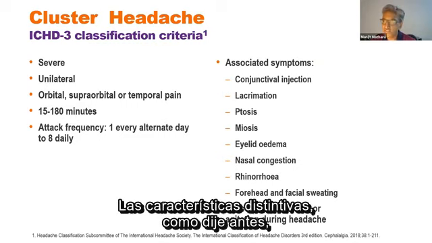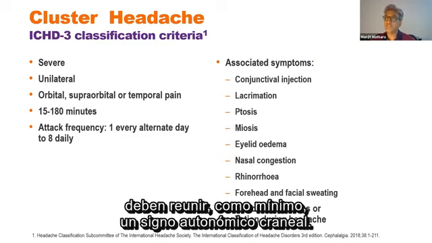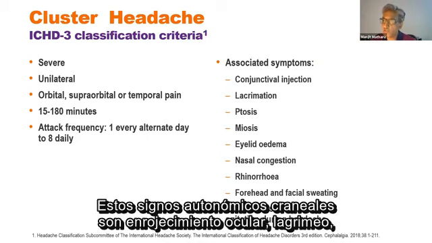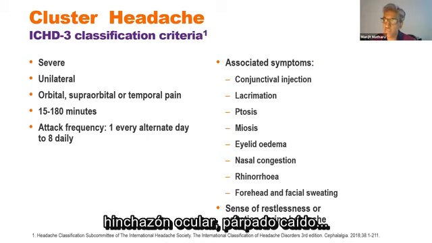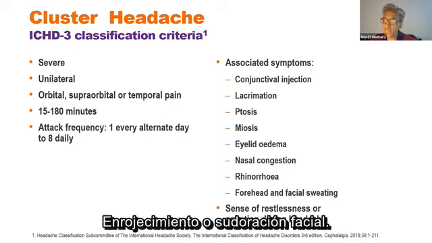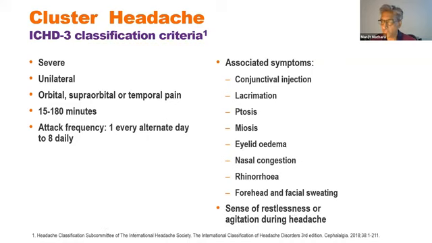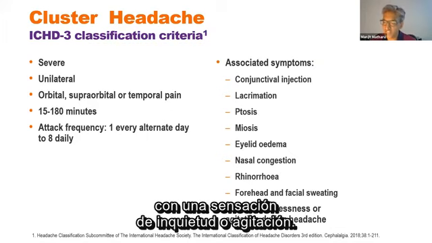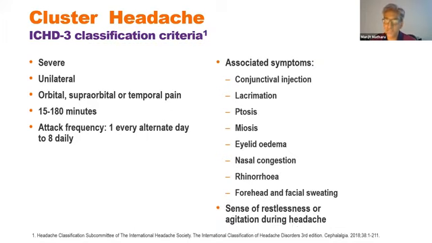The signature feature, as I said earlier on, is to have at least 1 cranial autonomic feature. And these cranial autonomic features are the eye going red, watering, swelling up, drooping, the pupil becoming small, miosis, the nose becoming blocked or runny, facial redness or facial sweating. And if you don't have one of these, then a sense of restlessness or agitation will suffice.